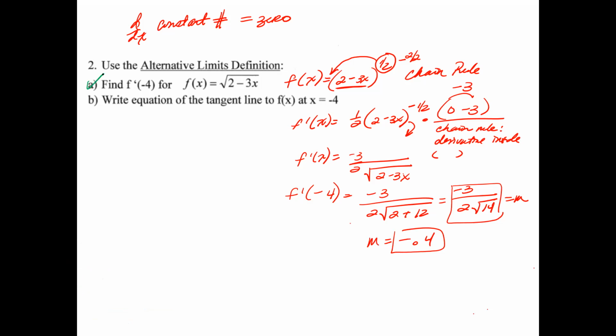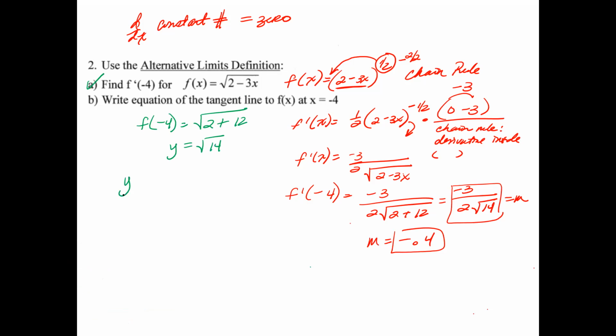B says find the equation of the tangent line. That is going to be at x equals negative 4. So then my y value is going to be negative 3 times negative 4 is a positive 12. So my y value is a square root of 14.